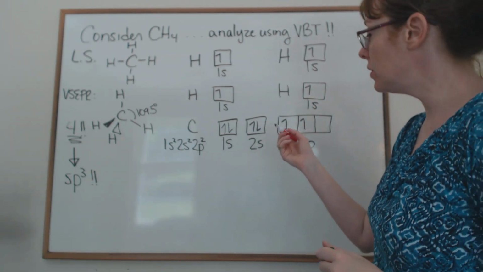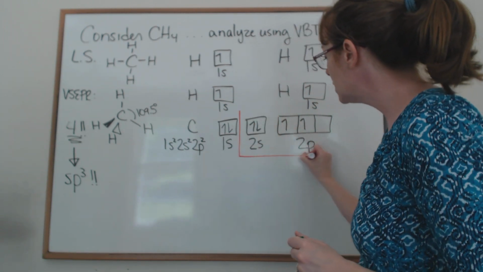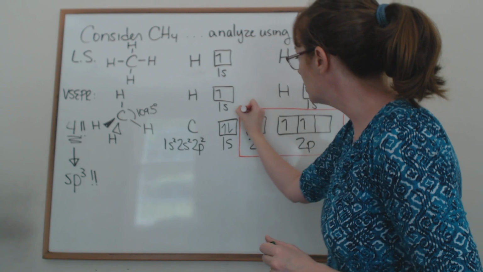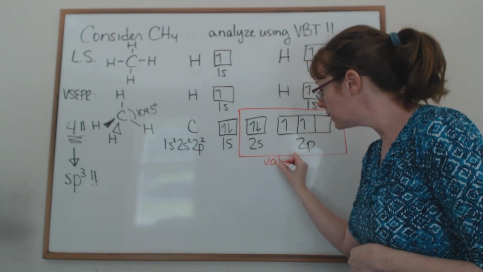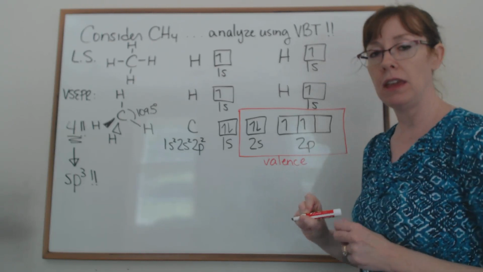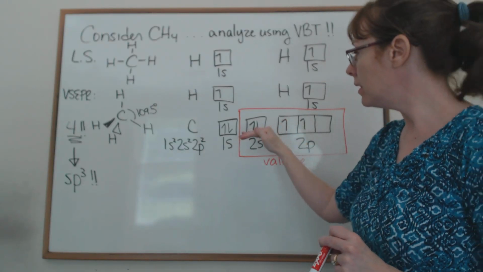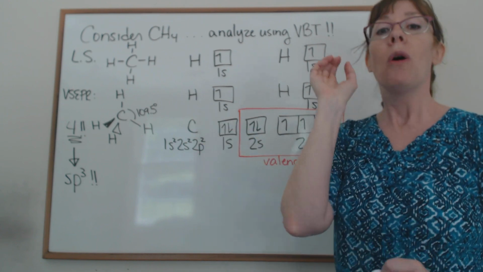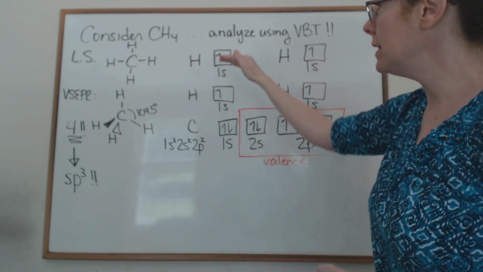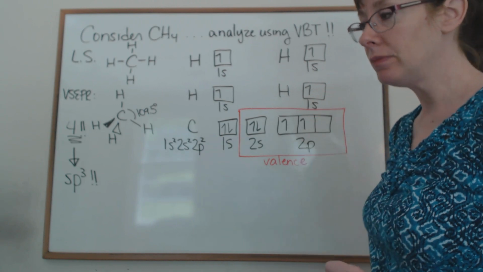Come over here with me for a minute. What I always have students do is draw a rectangle, because it's going to help you visualize this. Draw a rectangle around the valence shell of the central atom, carbon. We're going to fixate on this: only the central atom is going to hybridize. These guys are not going to hybridize.